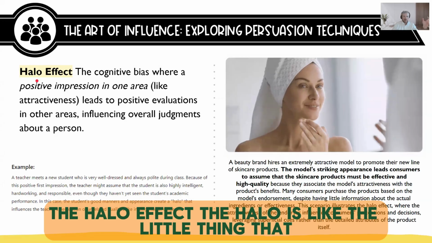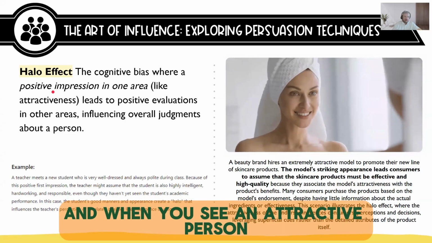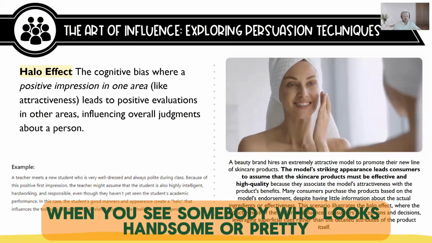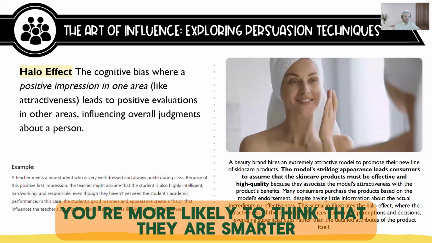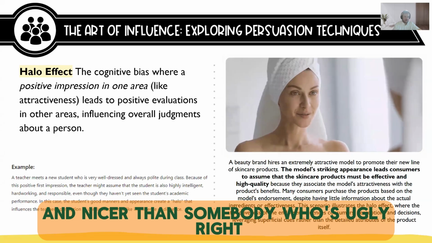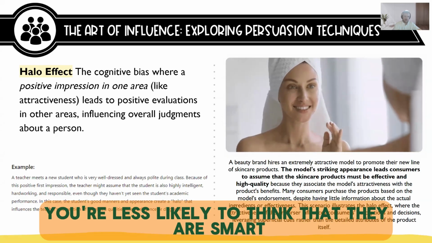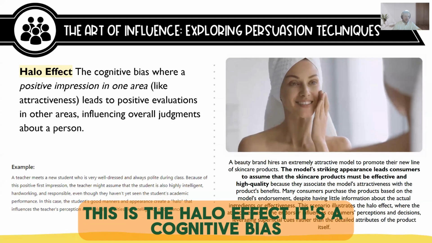The halo effect. The halo is like the little thing that floats above an angel. And when you see somebody who looks handsome or pretty, you're more likely to think that they are smarter and nicer than somebody who's ugly, right? When you see an ugly person, you're less likely to think that they are smart or that they are nice, right? This is the halo effect.